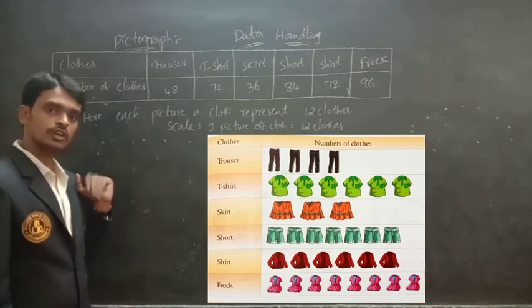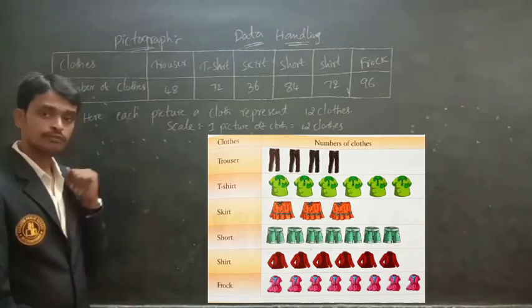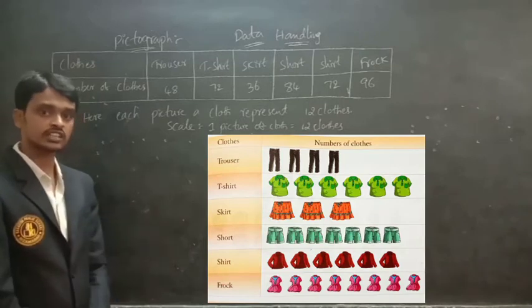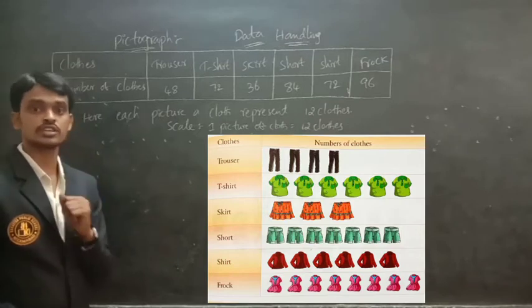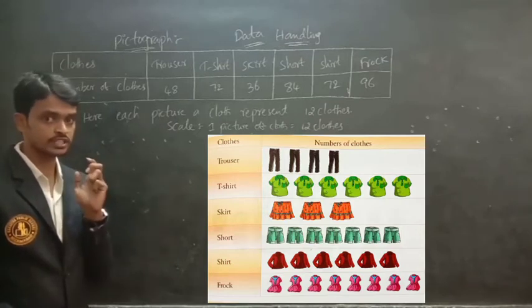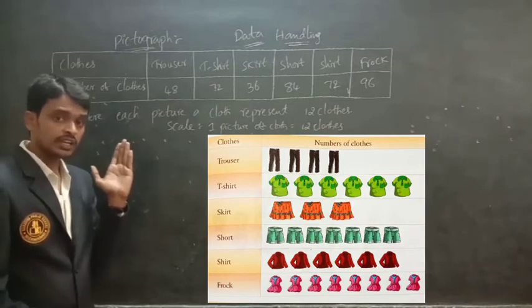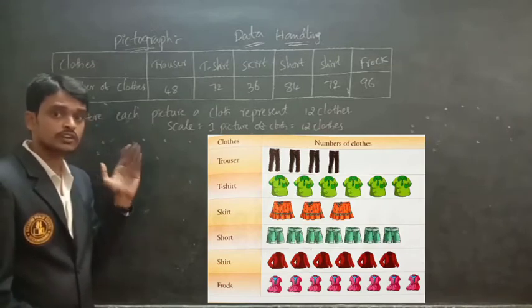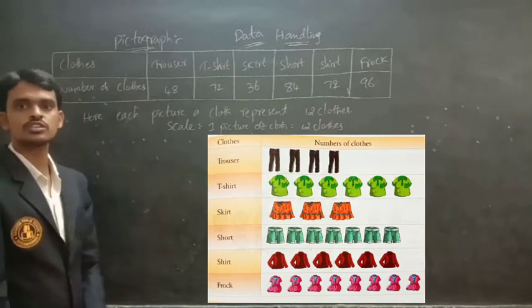Now let us count how many trouser pictures there are. 1, 2, 3, 4. So 4 pictures are there. Each trouser represents 12 trousers, so 12 fours are 48 trousers.